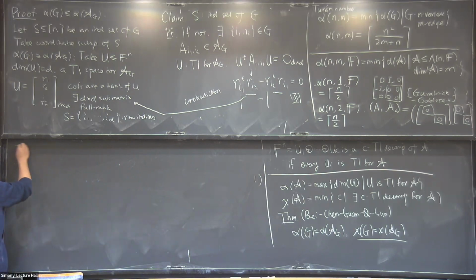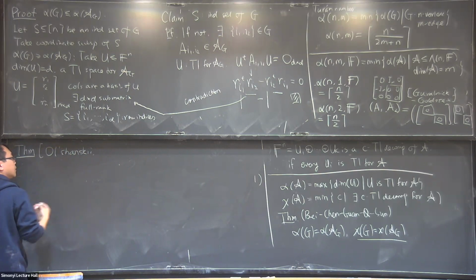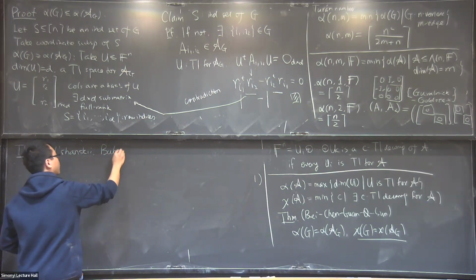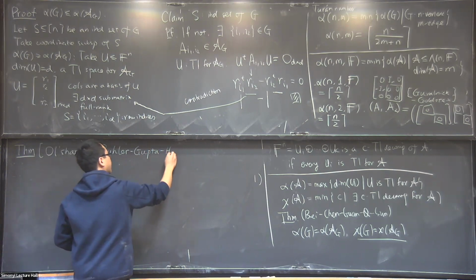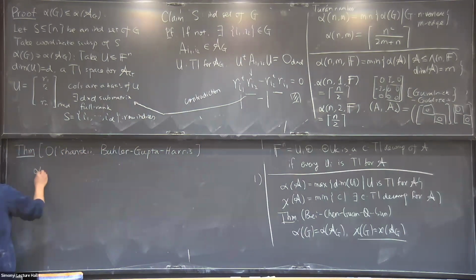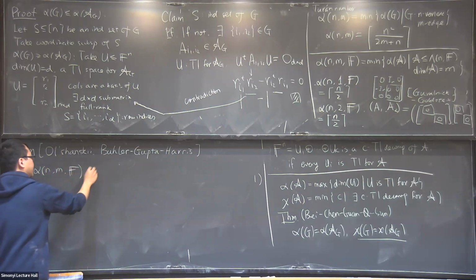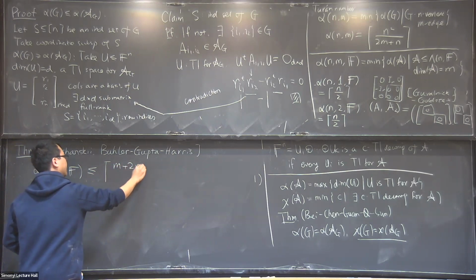Now I can tell you this theorem by Buhler, Gupta, Shalev, and Harris, who proved that alpha(n, m, F) is less than or equal to n over (m plus 2), plus m plus 2.